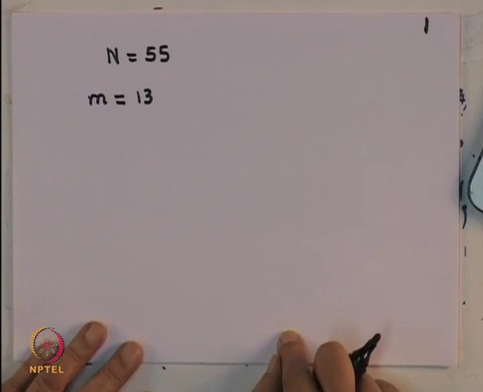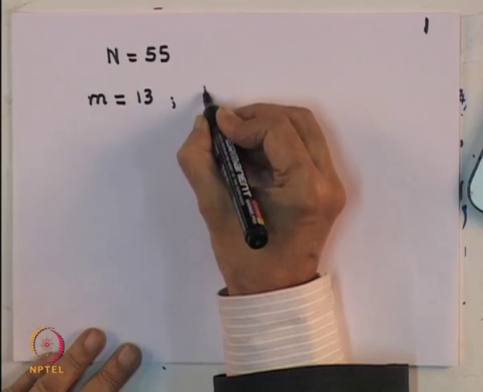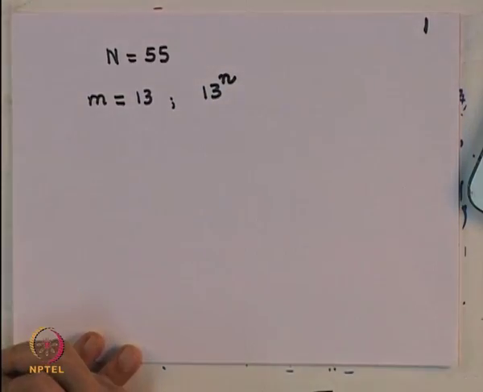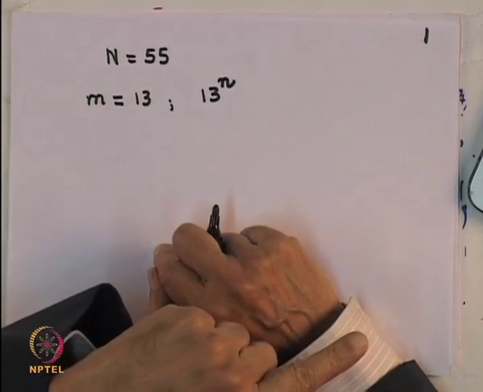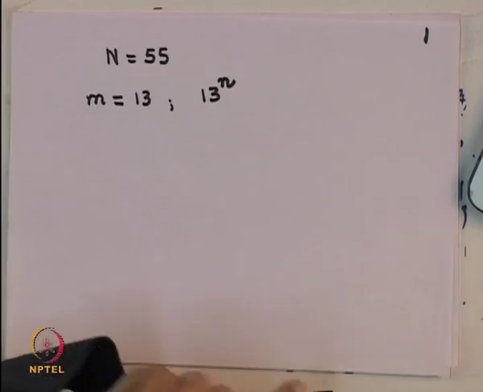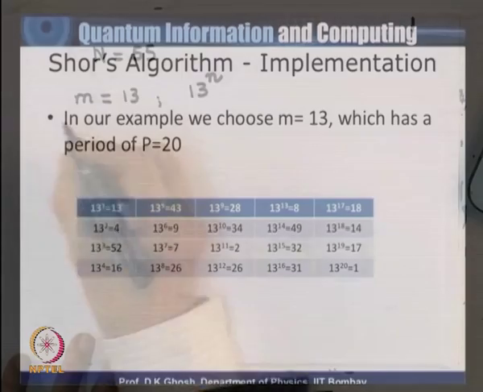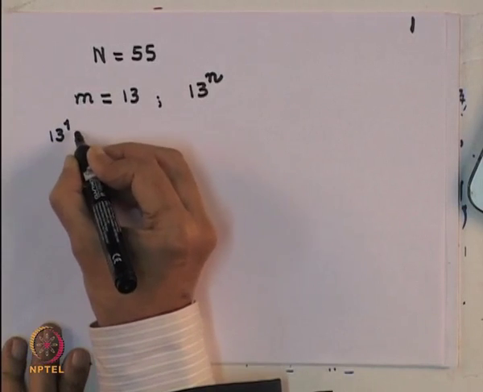So my job now will be to calculate various powers of 13. So 13 to the power n. Now I have shown this on my slide, various powers, but let me try to work it out on the paper as well. So you can see 13 to the power 1 is of course 13.